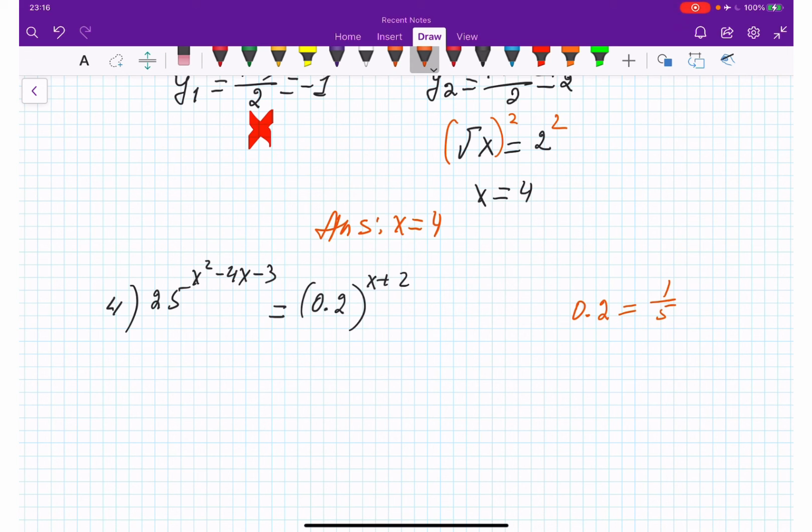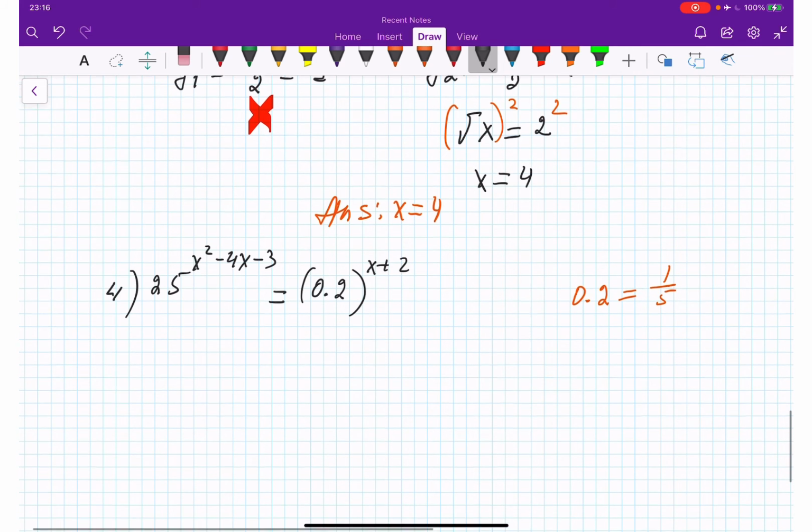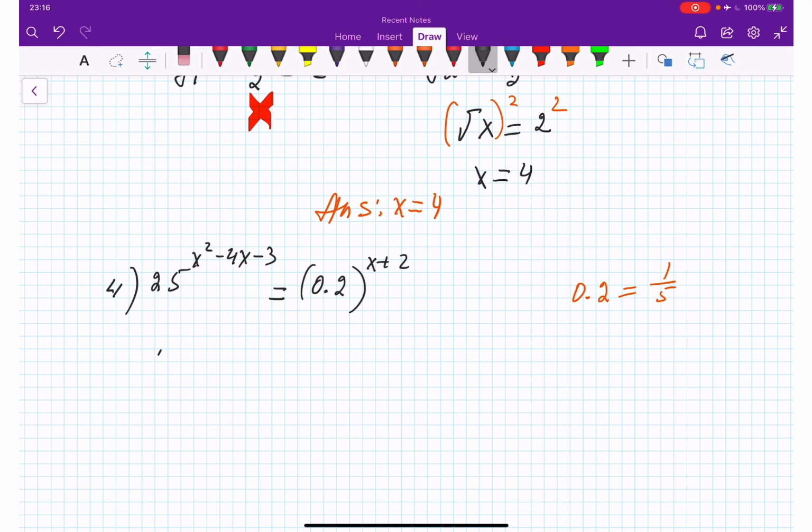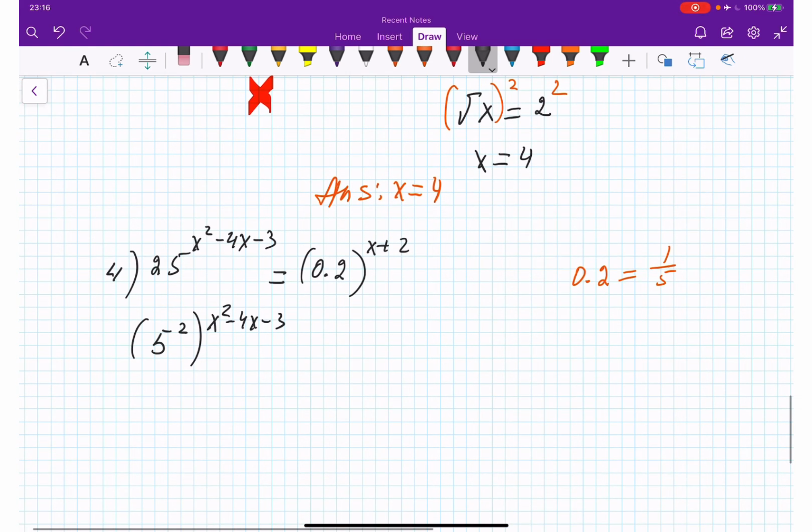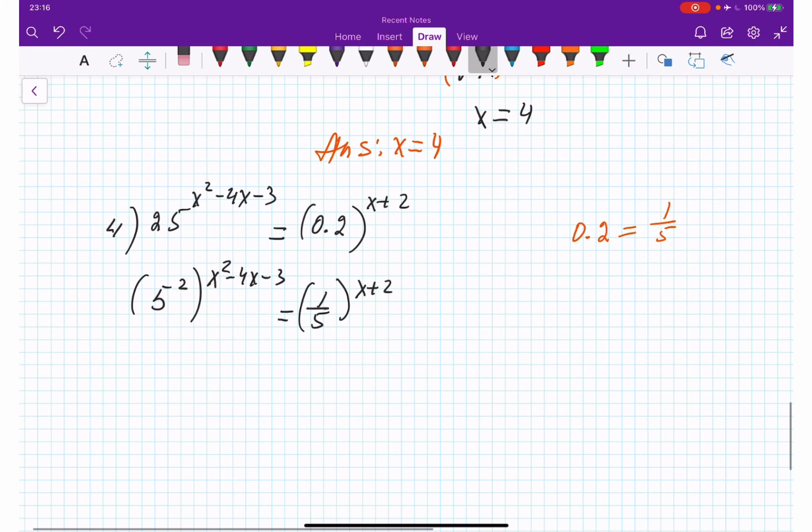Because 0.2 is 2 over 10, which is 1 over 5. And I'm going to rewrite the equation as 5 to power 2 to power x squared minus 4x minus 3. And this is equal 1/5 to power x plus 2.